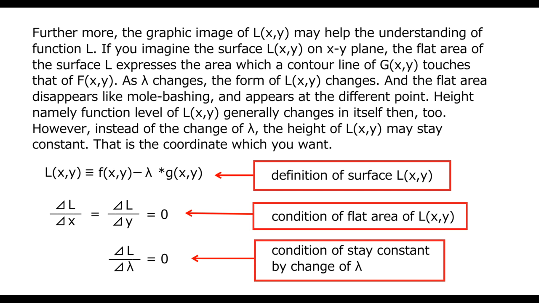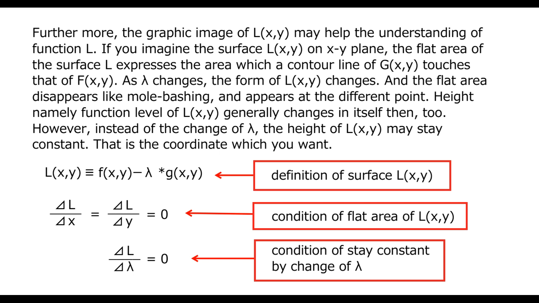But to help you understand more, let me give you the image, a graphic meaning of a function L(x,y). The flat area of surface L expresses where a contour line of surface G touches that of surface F. With a change of lambda, surface L changes its form, and it will be observed that the flat area appears and disappears at different places, like whack-a-mole.